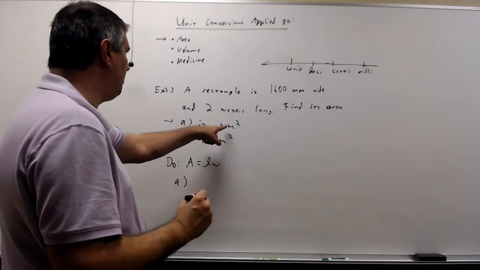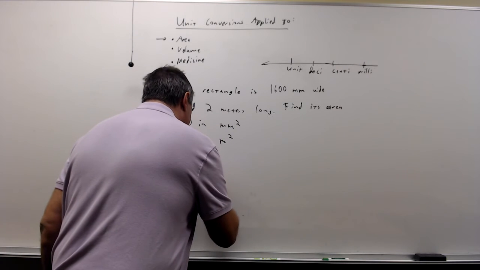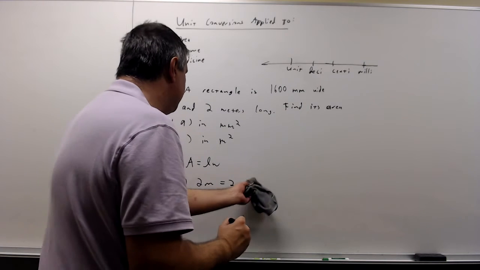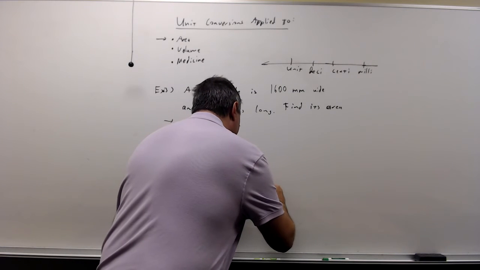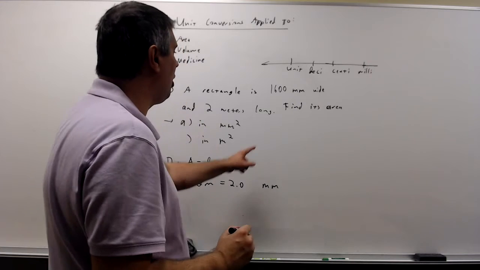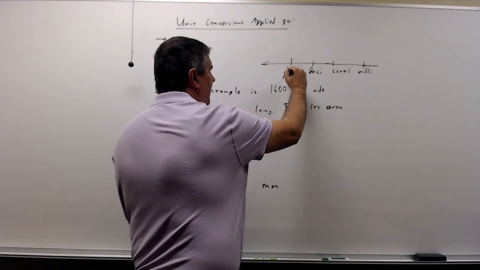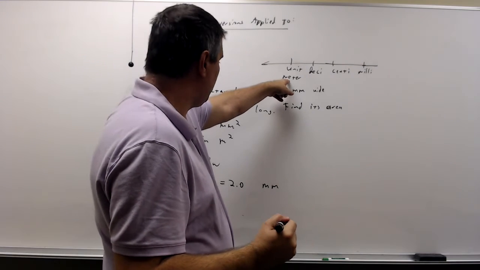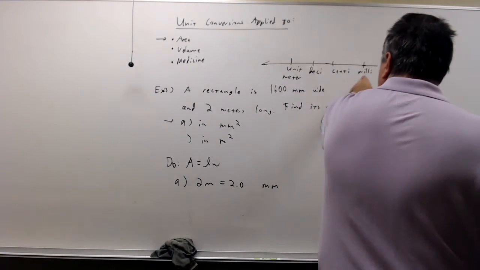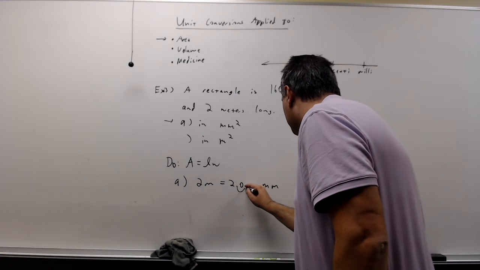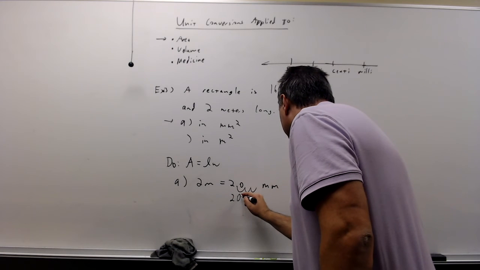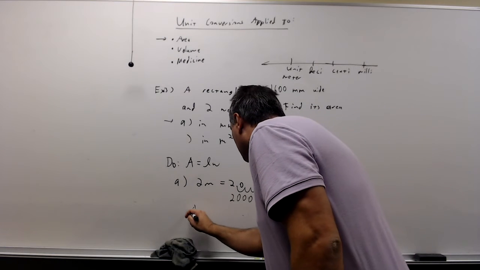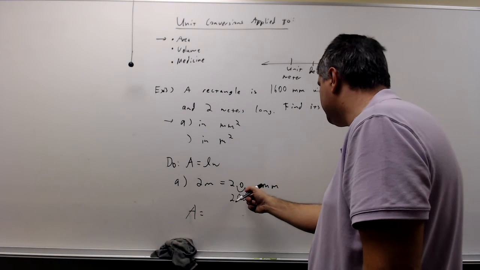So if we're going to do millimeters squared, we need to do 2 meters equals 2.0 something millimeters. So we're going from the standard unit, meter, and we're going to go over 1, 2, 3 places. So that is 2,000 millimeters.